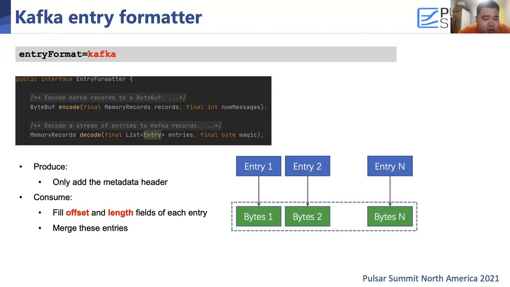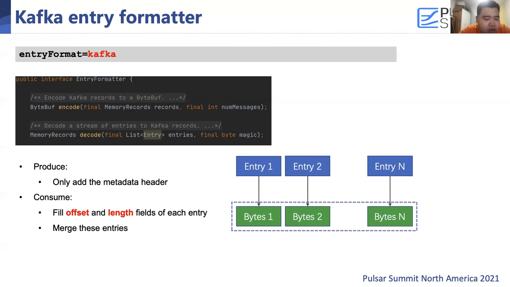Then KOP will create an internal class which implements the interface EntryFormatter. When we handle produce requests, it only adds the metadata header and keeps the original bytes of Kafka's memory records.